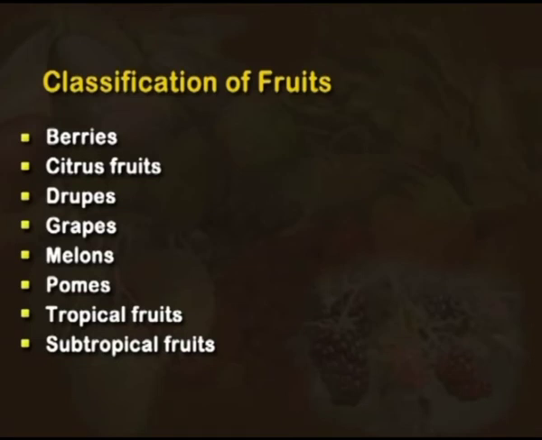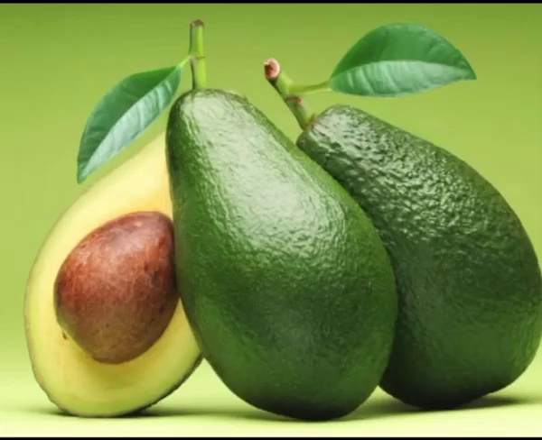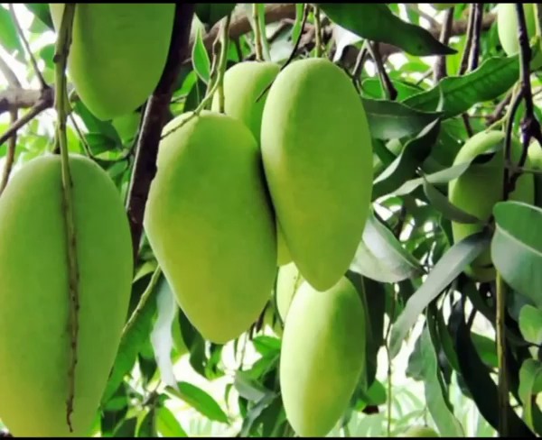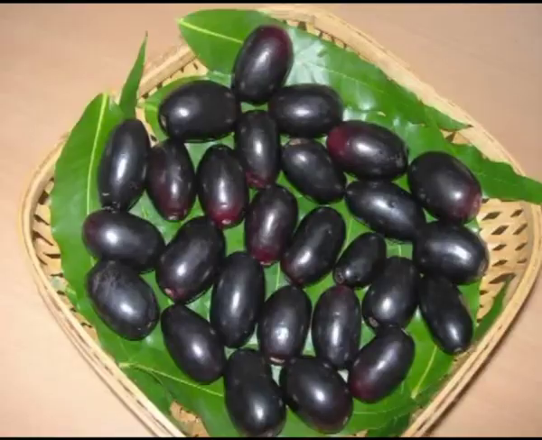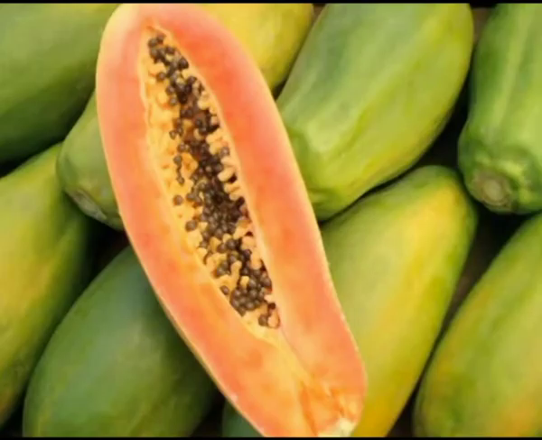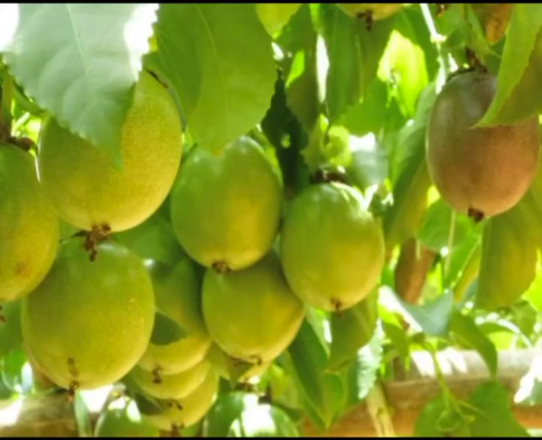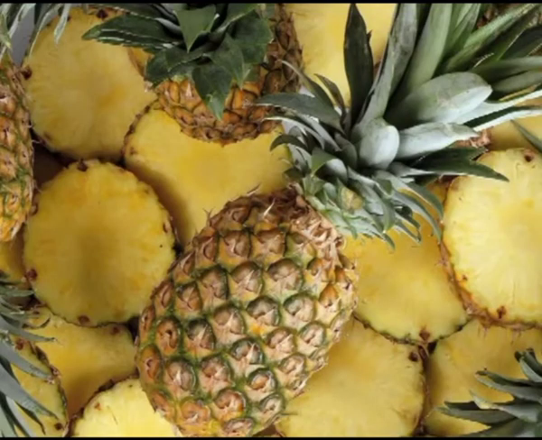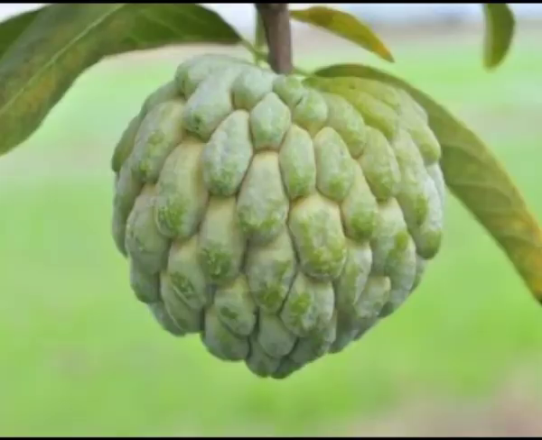Under this we have amla, avocado, banana, dates, guava, mango, what we call jamun or jambu fruit. We have papaya, passion fruit, jackfruit, pomegranate, sapota and pineapple, and most important, very indigenous to India, sitafal.